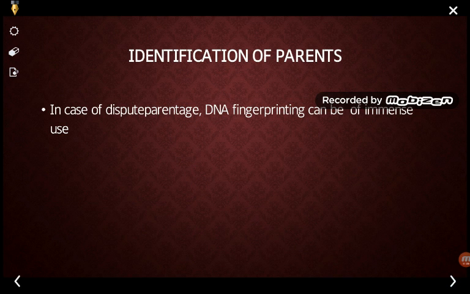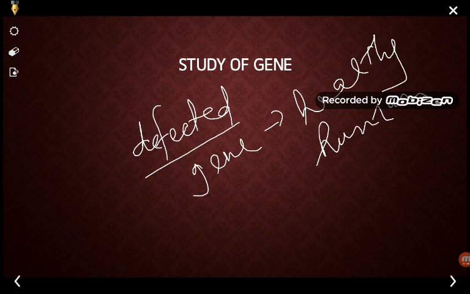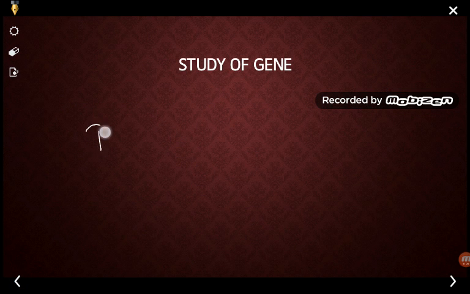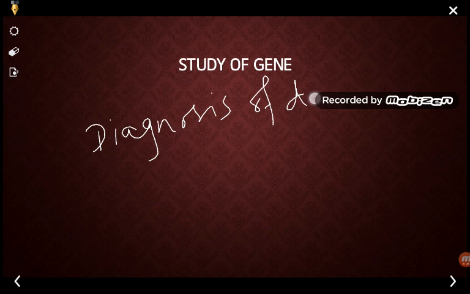Next is the diagnosis of diseases. Here genetic disorders and also infectious diseases can be identified.